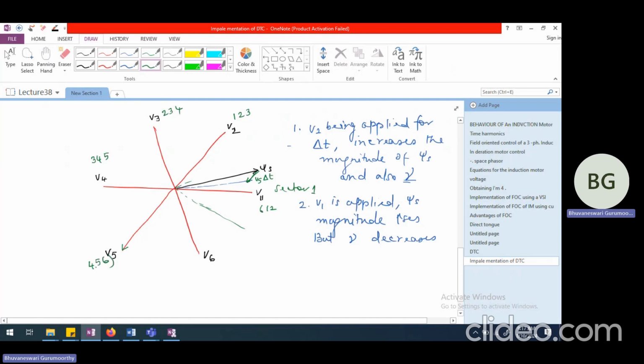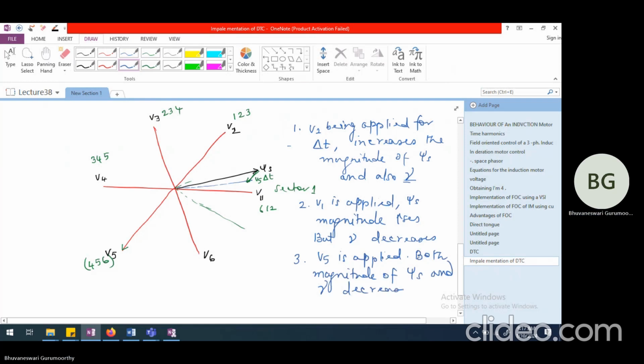When I switch on 4, 5, 6, then V5 will be applied. When I apply V5, the magnitude is decreased and the phase angle is also decreased. So when V5 is applied, both the magnitude of psi s and gamma decrease.